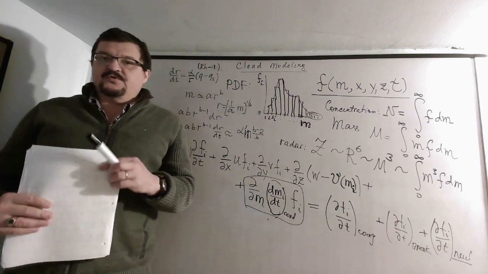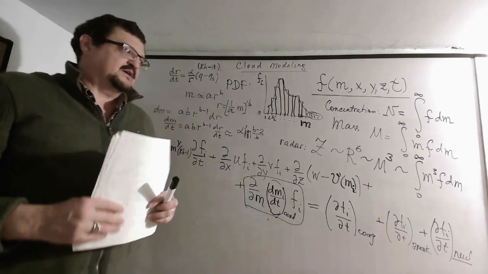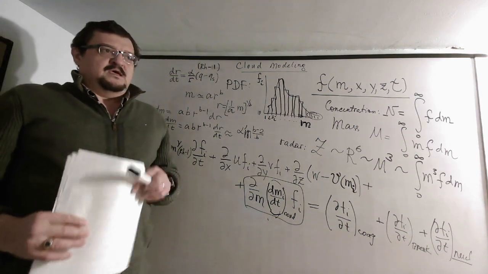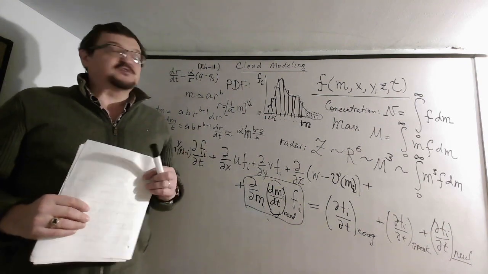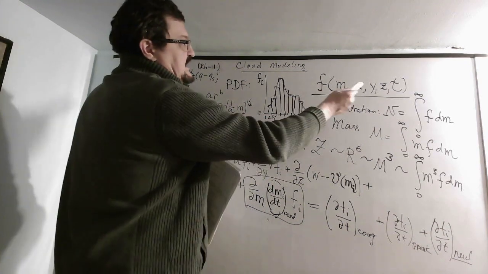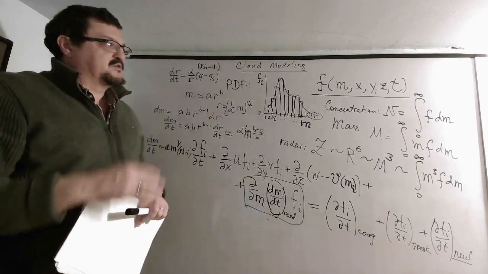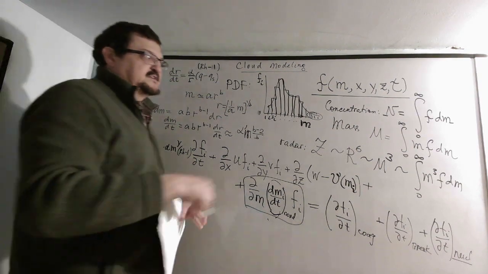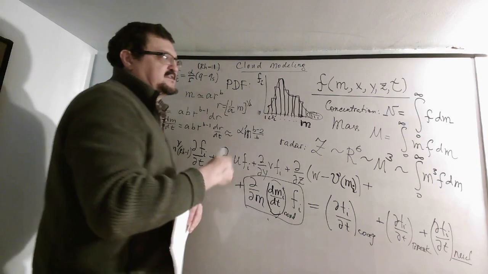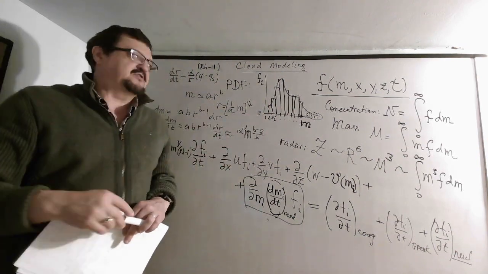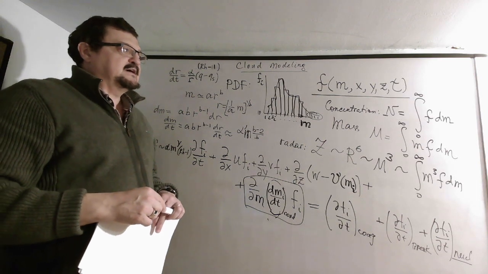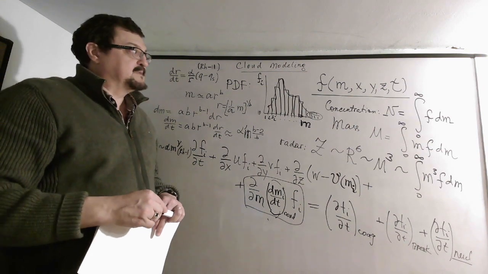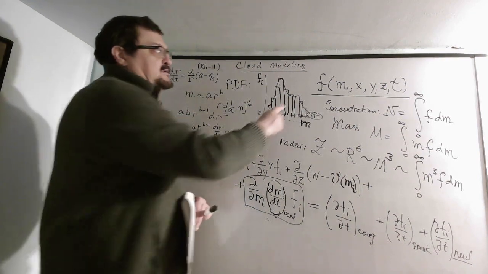So there is another approach, a simpler and completely different one. It's the bulk microphysics approach. As I mentioned before, instead of predicting the full PDF or size distribution of cloud particles, you predict only some moments of that distribution, like concentration, or mass, or average radius and stuff like that. So how do you do that? Well, you basically start by choosing a shape of that PDF.